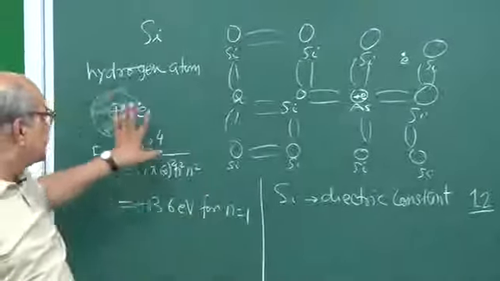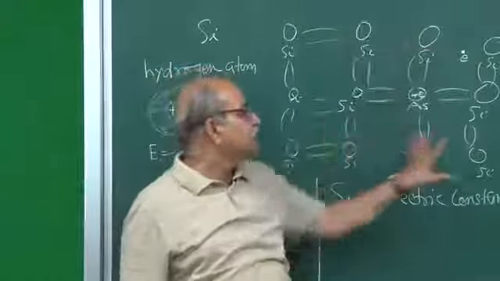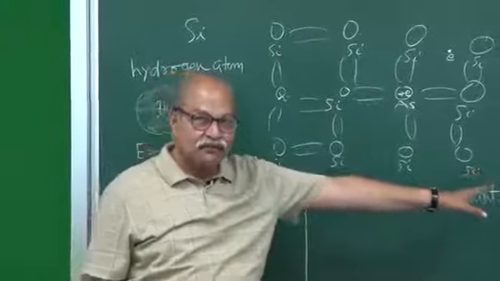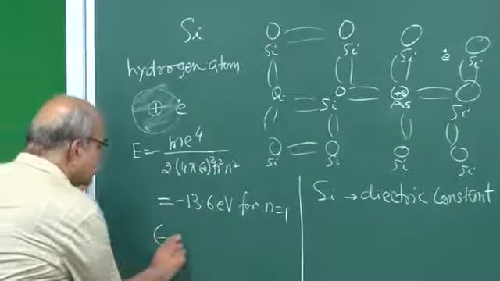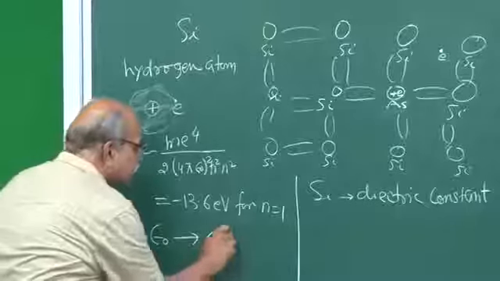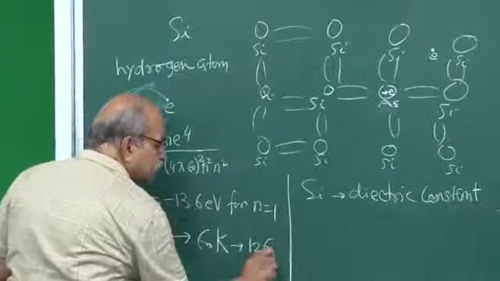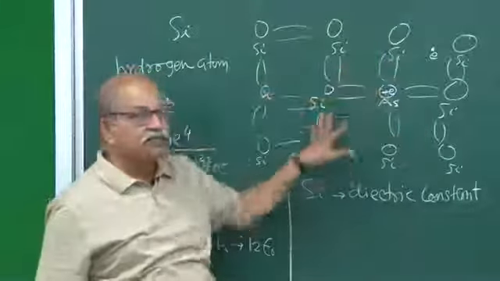Here it was free space, but now this whole space is a dielectric with a dielectric constant of 12, so this epsilon naught should be replaced by 12 times epsilon naught. So that's one modification. It's not in free space, it's in silicon.